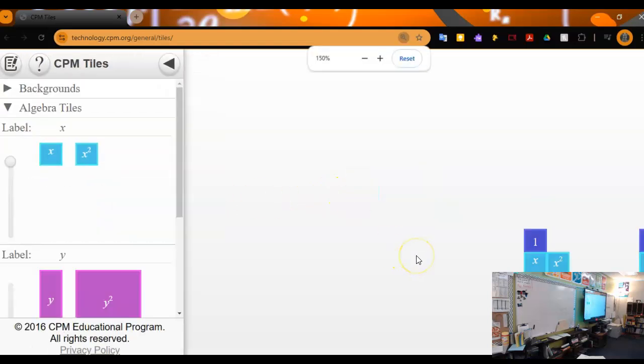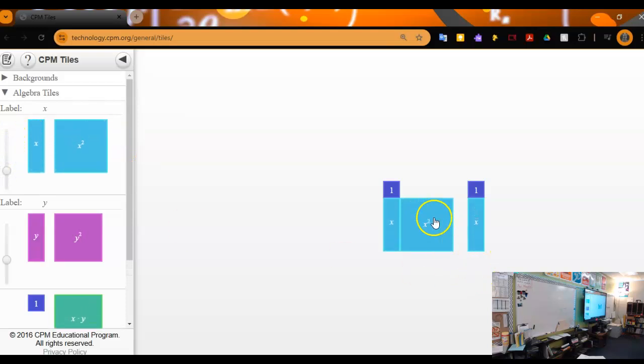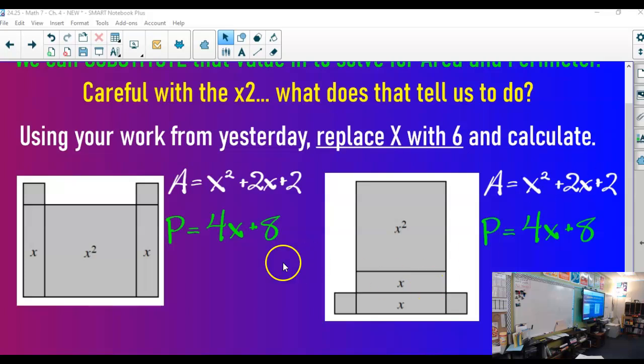Well, if x is 1, then it would be the same size as your 1 tile. But as x gets bigger and x squared gets bigger, now we imagine what if x is 6? Any confusion on what we're going to say now? What if the long edge of x and both edges of x squared, we make all of those 6. Do we mess with the 1s? No, we do not mess with the 1s.